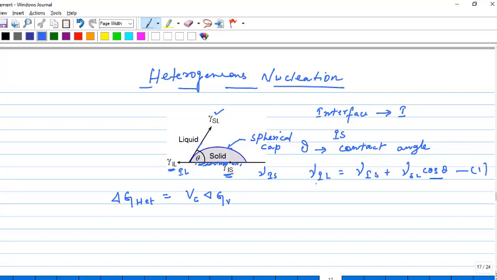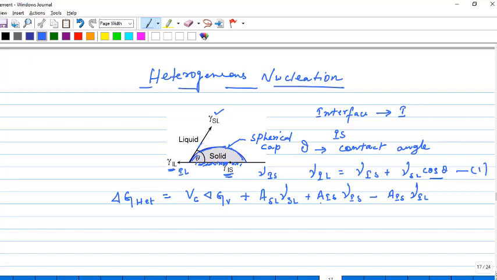Apart from this, you will have the surface energies, where ASL is the area of this interface here, which is the solid liquid surface.